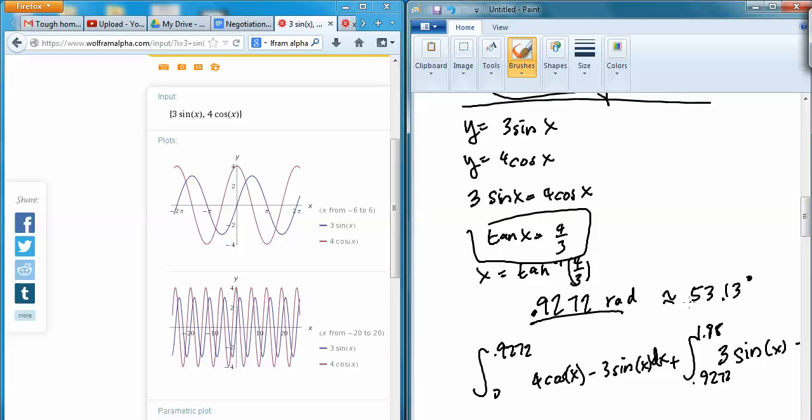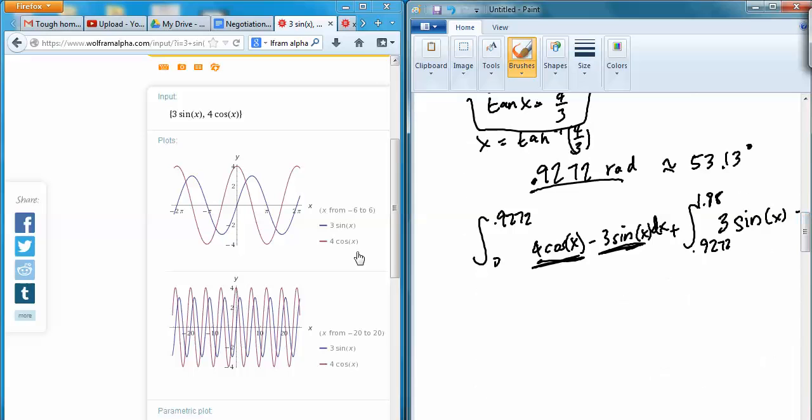or 53.13 degrees. But we're dealing in radians here, I think. So what I would do is integrate from 0 to 0.9272, that intersection point, where I would have 4 cosine on top and 3 sine, not on top.